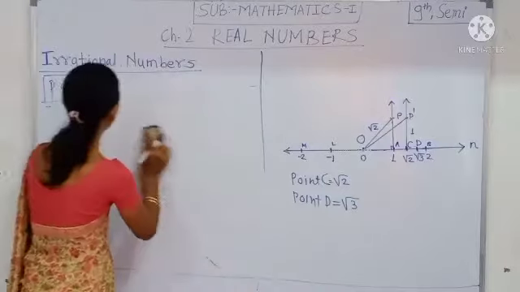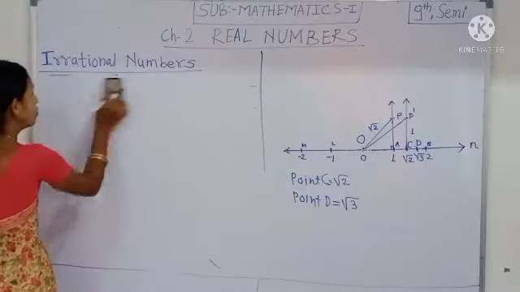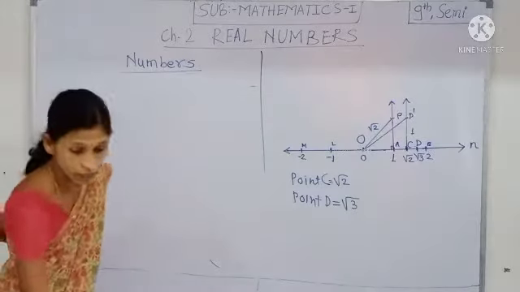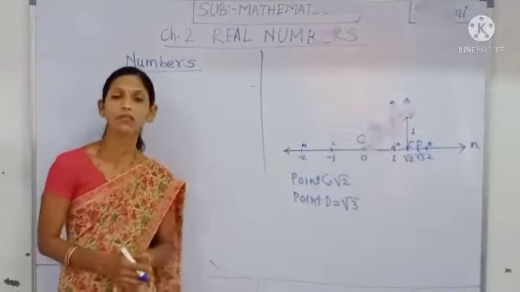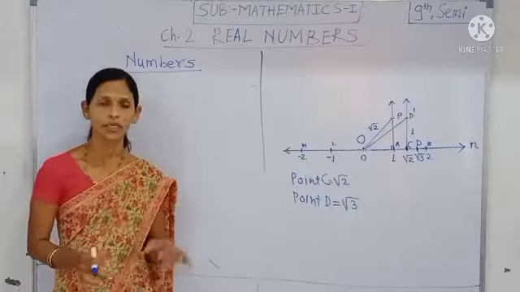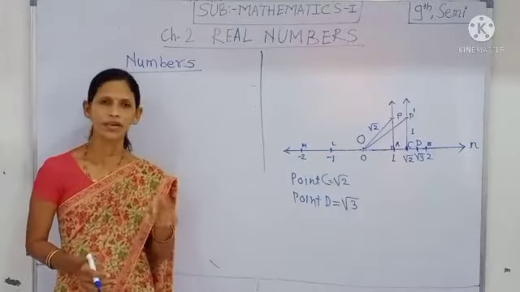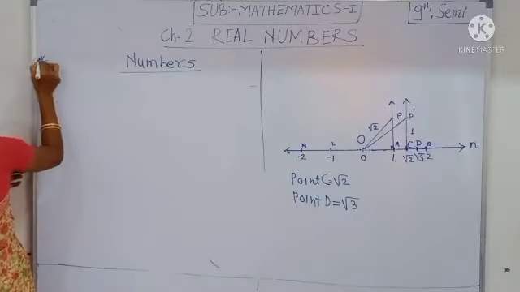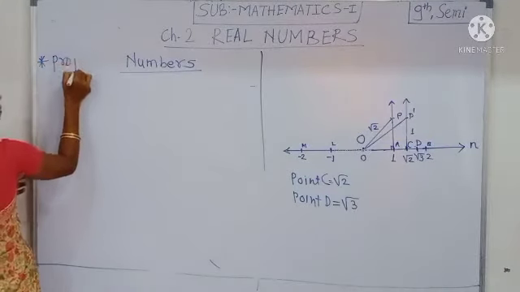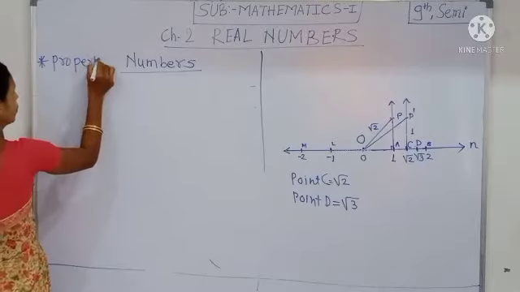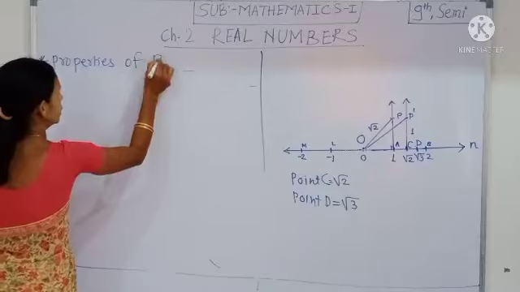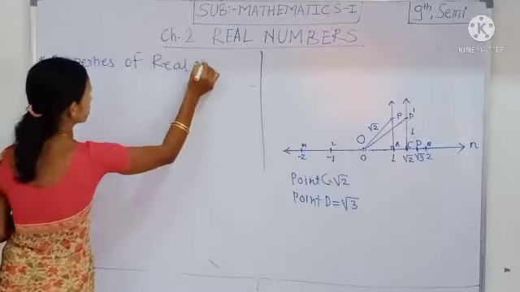Then see here, one more concept: the set of rational numbers and irrational numbers together are called real numbers. Then we have to remind a few properties of real numbers.